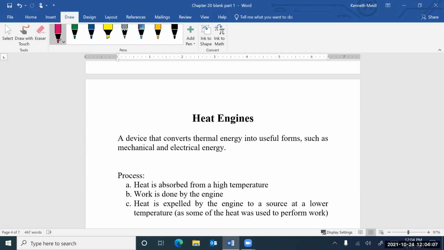Heat is expelled by the engine to a source at a lower temperature. What does this mean? It means you've got exhaust. Even though the gas expands and turns crankshafts and eventually flywheels and your wheels go down the road, not all the energy that you put in is coming back to you as useful work. You're heating up the engine block.